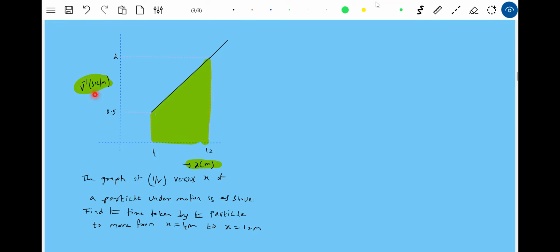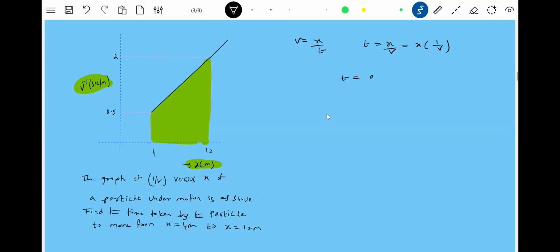What information will the area under the 1 by v versus x graph give us? Let's explore. We know velocity is equal to x by t. So can we rewrite this as t equals x by v, or further x into 1 by v? And what is x into 1 by v?